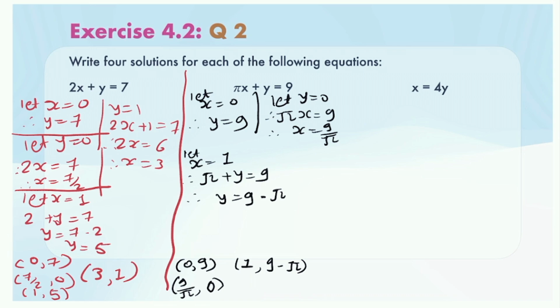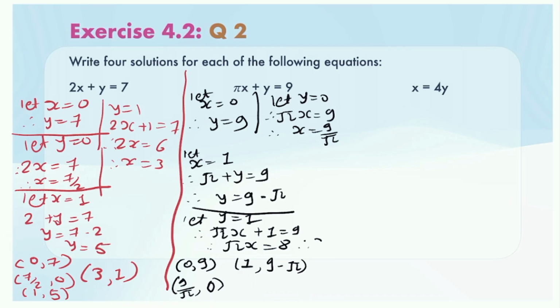Now what will be the fourth solution? Let me put y equal to 1. Now if I put y equal to 1, the equation is looking like pi x plus 1 equal to 9. So if I put 1 on the other side, it will look like pi x equal to 9 minus 1, that is 8, right?